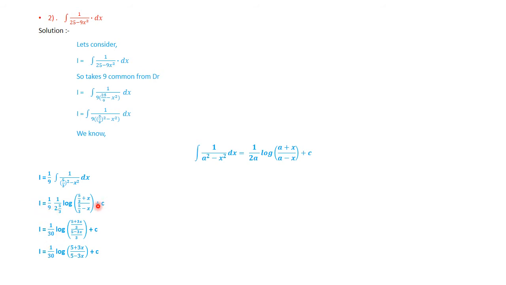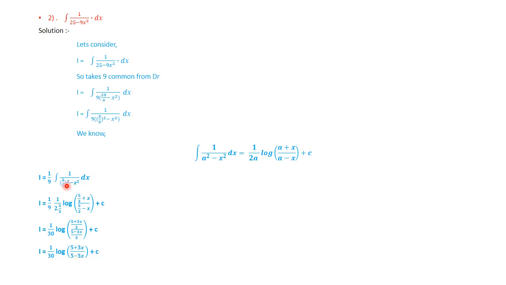Now here simplify the denominator; for that purpose multiply by 3, or we can take the LCM, the least common multiple. So 5 plus 3x by 3 as common denominator, and at the denominator 5 minus 3x by 3, so the 3 gets cancelled, and we get I is equal to 1 by 30 log of 5 plus 3x by 5 minus 3x plus c.